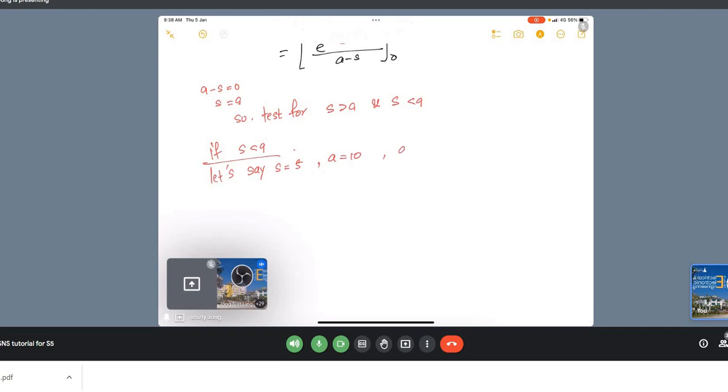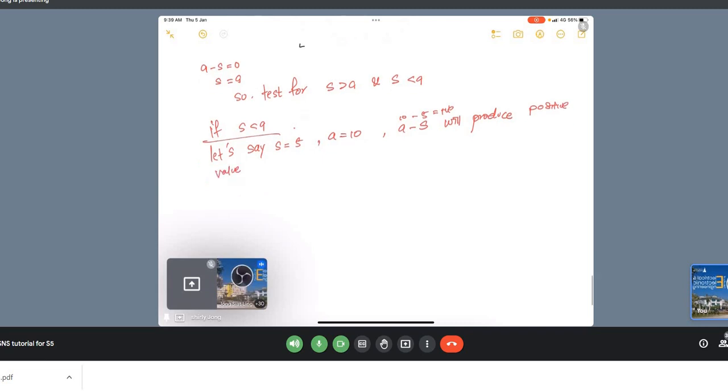So it means a minus s, what will you get? Will you produce a positive or negative value? 10 minus 5. So it's a positive value, right? So you will get a positive value, a minus s.